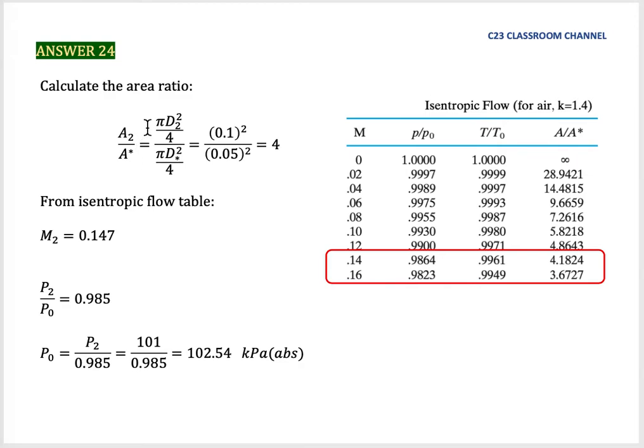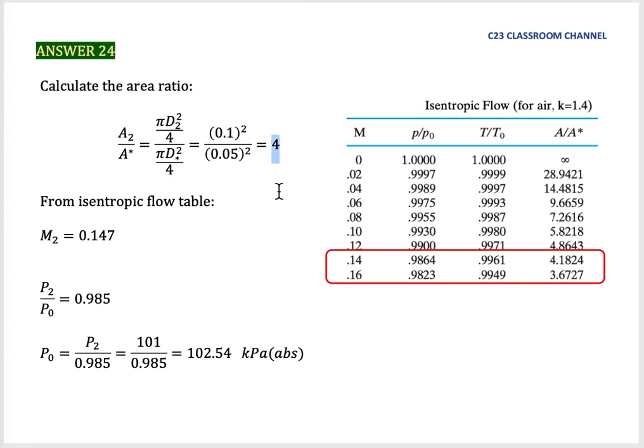So the diameter was given in the question for exit and for throat. So we could calculate the area ratio, A2 over A star, and we have pi d squared over 4 here. We substitute the value of diameter for exit and for the throat, and we could get it is equal to 4.